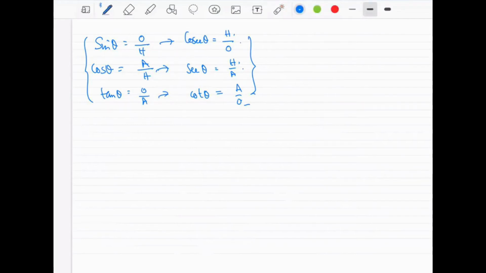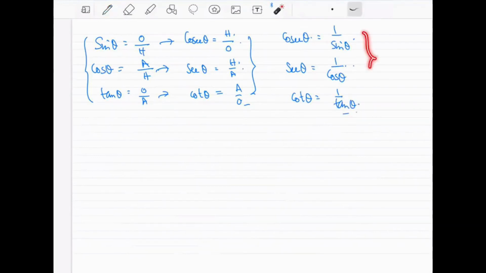And the relationship between these trigonometric ratios: cosec theta, that is the reciprocal of sine, so we write 1 by sine theta. Sec theta, we write it as 1 by cos theta. And cot theta, we write it as 1 by tan theta. This is the next three, okay? So some more formulas. Tan theta, what was the formula that we have obtained? We have obtained sine theta by cos theta.